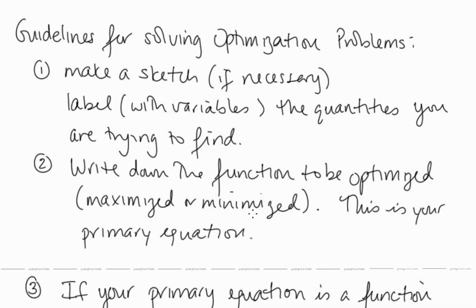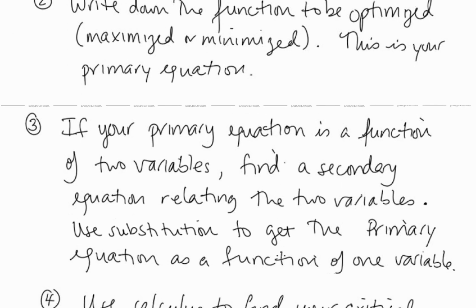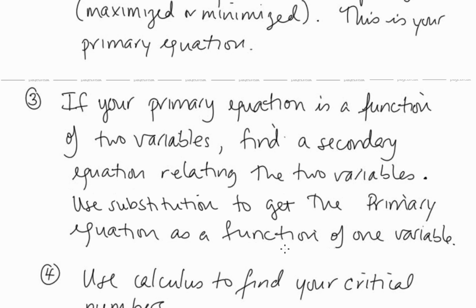The first thing we want to do is make a sketch if we need to and if we can, and we want to label with variables the quantities that we want to find. We want to write down the function to be optimized, and this is our primary equation. And if the primary equation is a function of two variables, we want to find a secondary equation that relates the two variables. And then we use substitution to get the primary equation as a function of one variable.